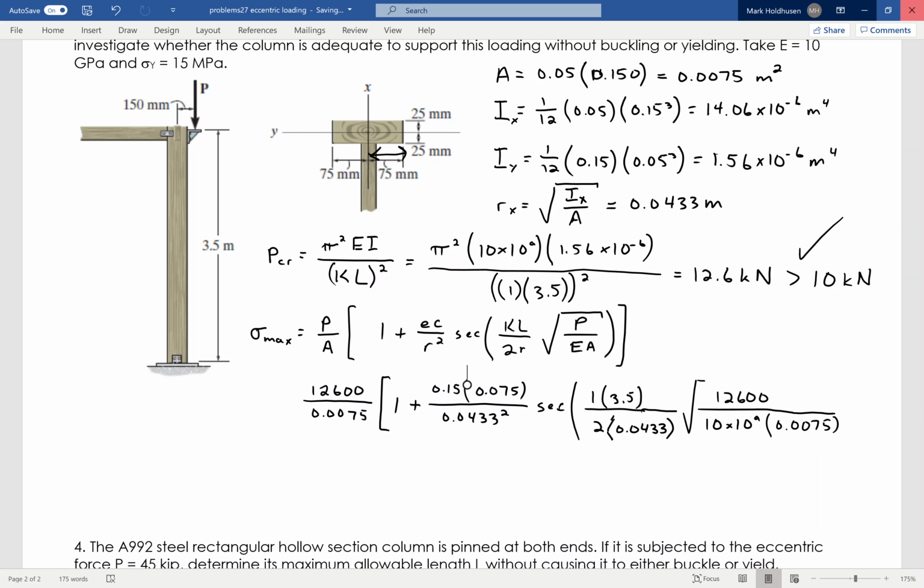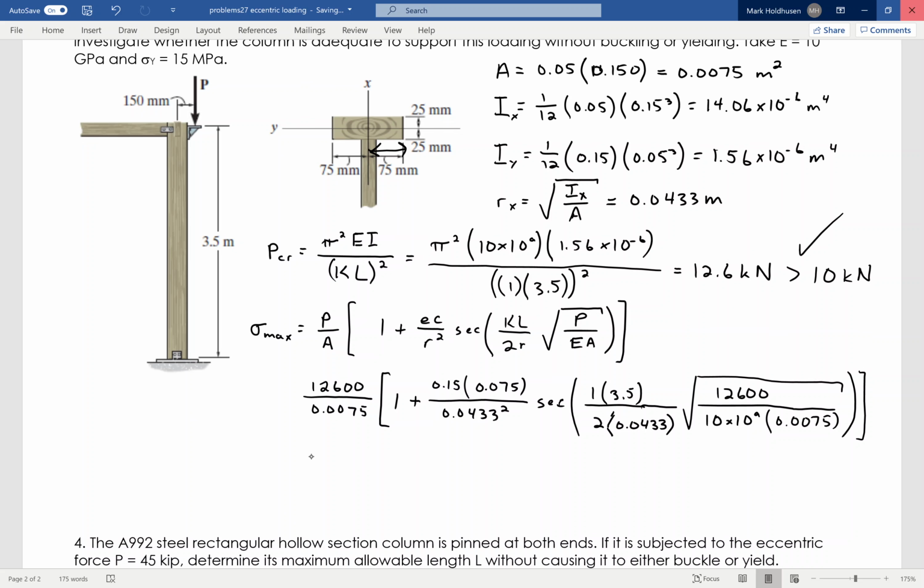All right, so this is the maximum stress when I'm putting on the maximum load, the critical load, in fact, because I used the 12,600. So at that overload, I get 13.3 megapascals, which is less than the 15 megapascals that is my allowable load. So we're okay on that one too.